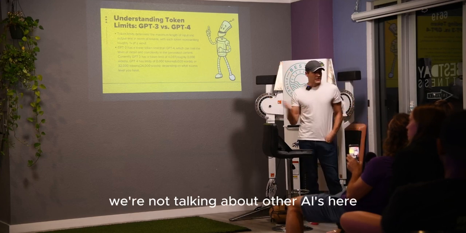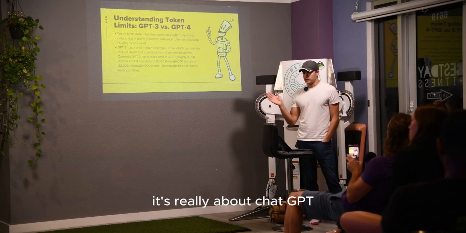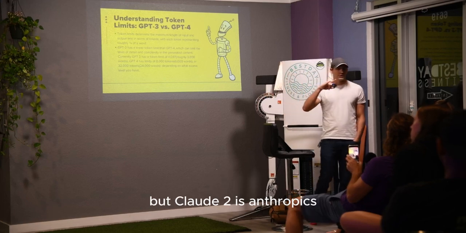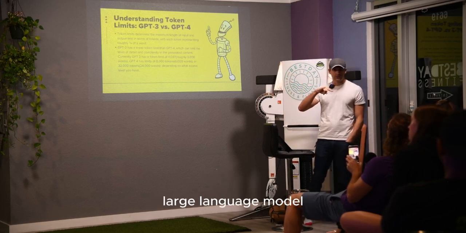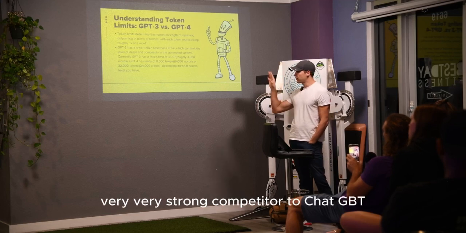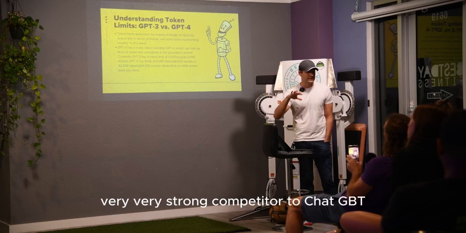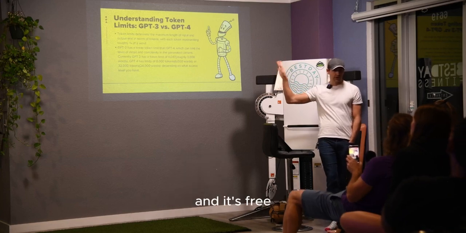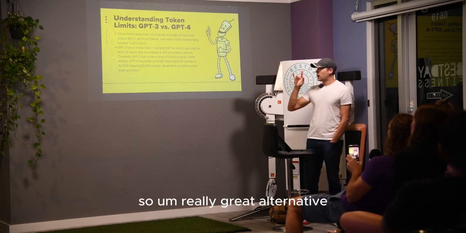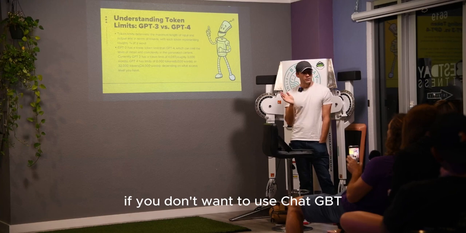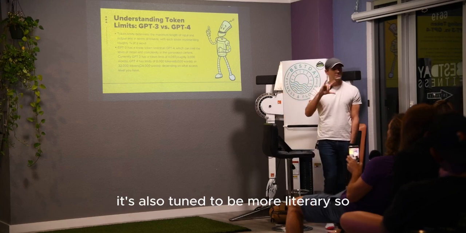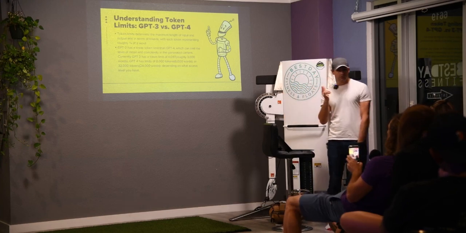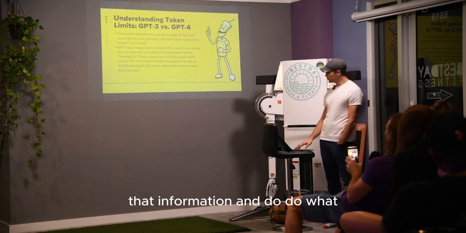We're not talking about other AIs here, it's really about ChatGPT, but Claude 2 is Anthropic's large language model. Very, very strong competitor to ChatGPT, can take up to 100,000 tokens just naturally, and it's free. Really great alternative if you don't want to use ChatGPT. It's also tuned to be more literary. So take that information and do what you will with that.